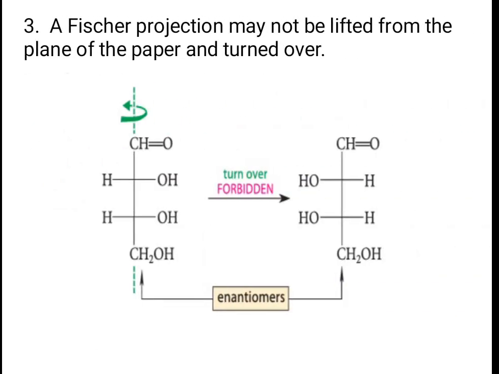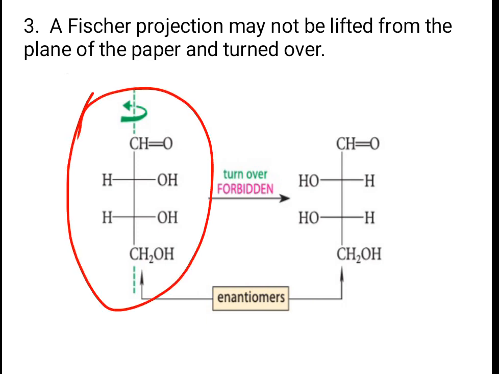A Fischer projection may not be lifted from the plane of the paper and turned over. So you cannot take it from the plane of the paper and you cannot turn it. This is forbidden in the Fischer projection. Otherwise you will get an enantiomer. If you just lift it from the paper and then turn it 180 degrees, you will get an enantiomer.